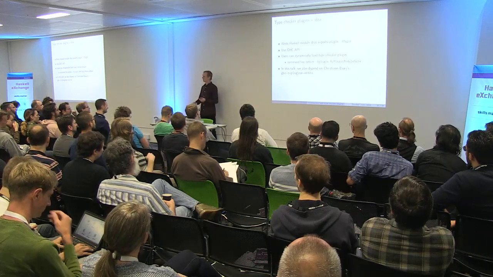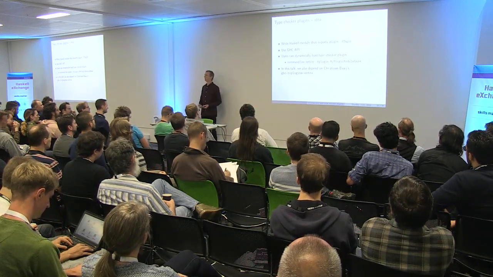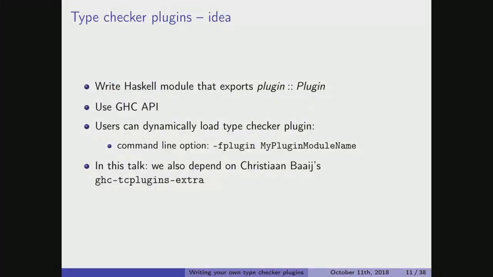As opposed to just importing GHC itself and depending on this huge library and executable that takes quite some effort to build, there's this nice API that just exposes those things that you might want to care about if you use parts of GHC, such as the type checker plugin infrastructure, or, I don't know, parsing files or whatever. It exposes that through this API. So you don't have to worry about build systems, or it all just works as any old Haskell package.